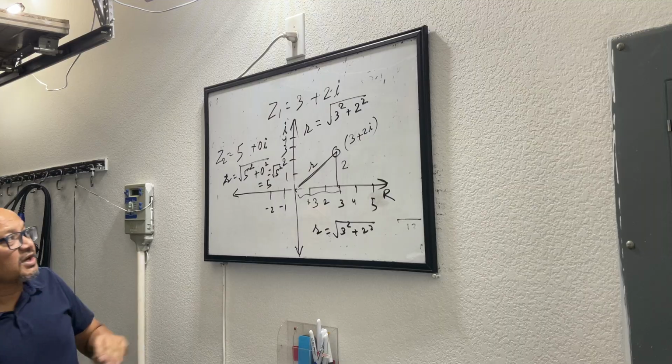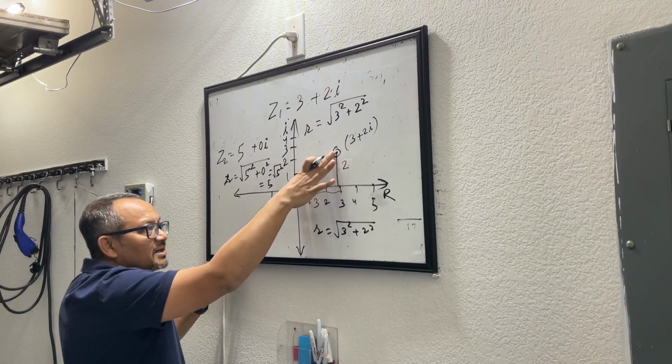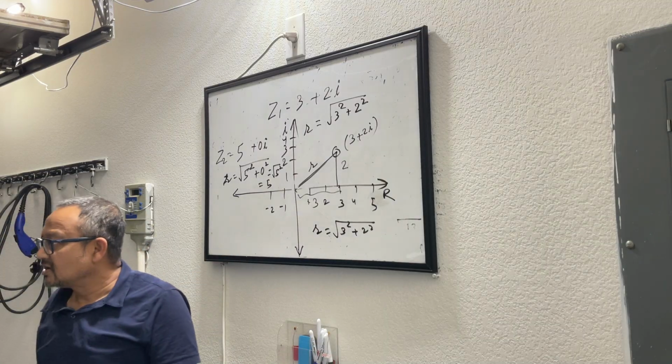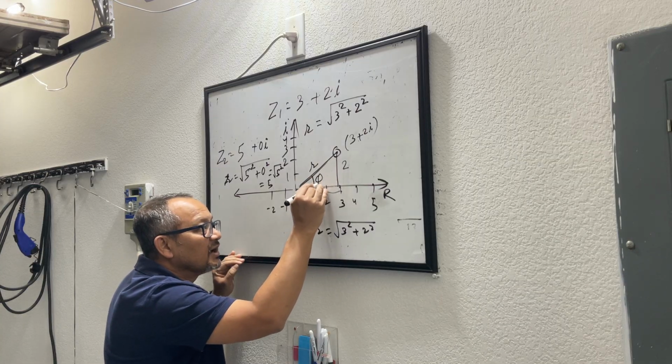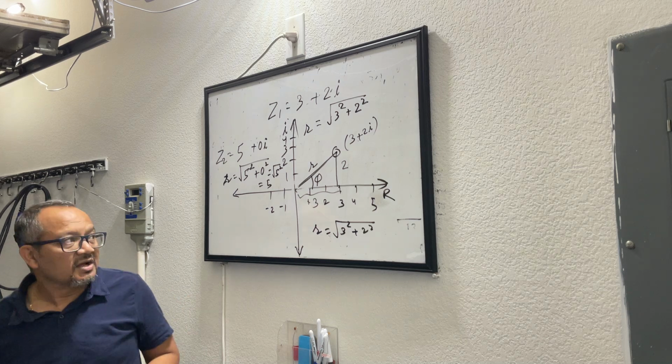So the absolute distance from origin to that number in the complex plane is called the magnitude. What is the argument? This is the argument, angle phi or theta, whatever you call it.